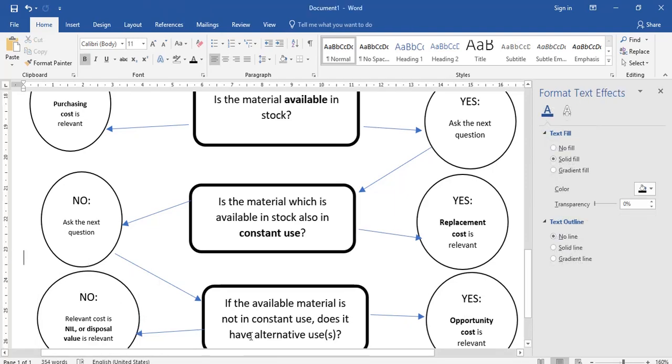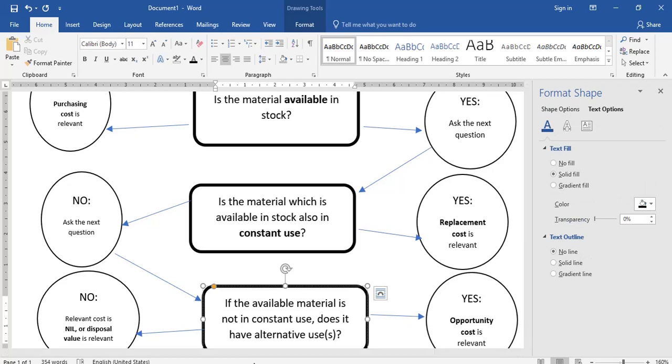And the next question says, if the material is not in constant use, does it have alternative use? So the emphasis here is on the alternativeness of the material which is not in constant use. So not in constant use, alternative uses, opportunity cost presents itself.